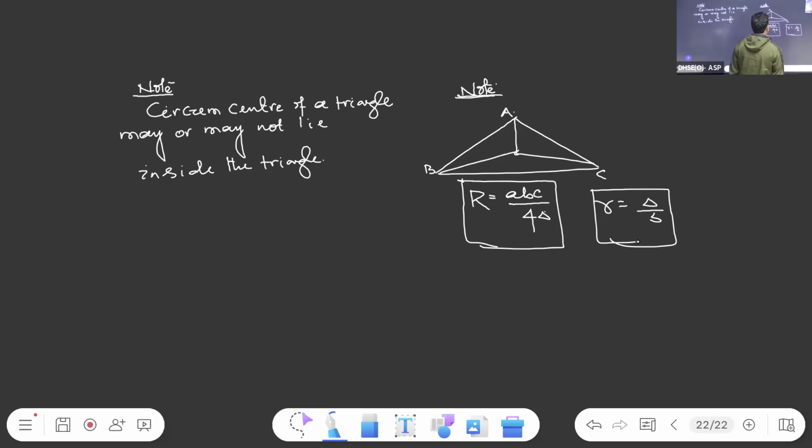Circumradius R is equal to abc upon 4 delta. Clear?